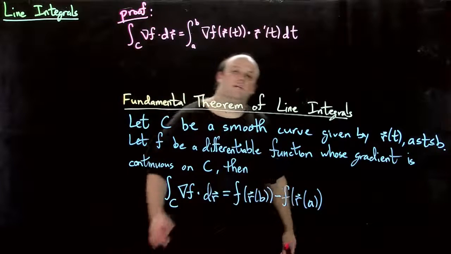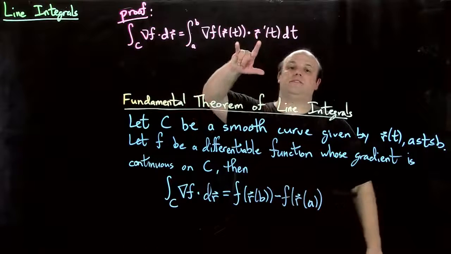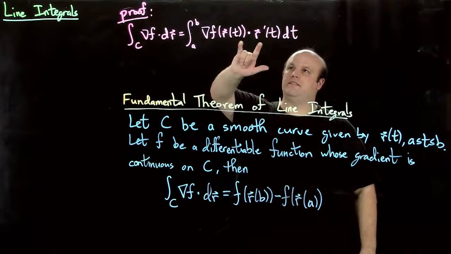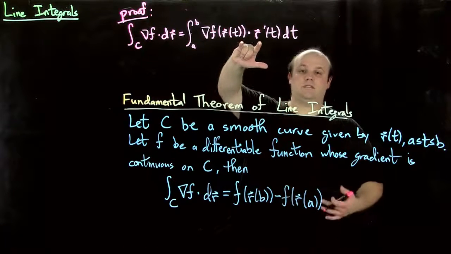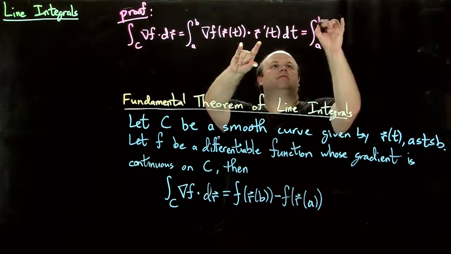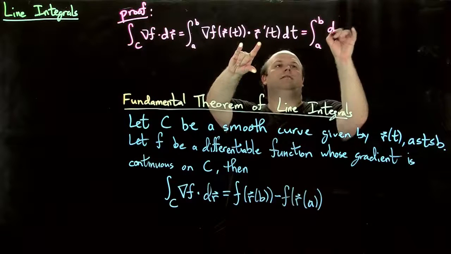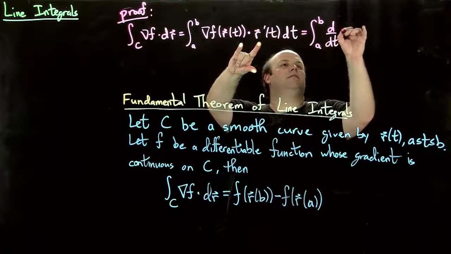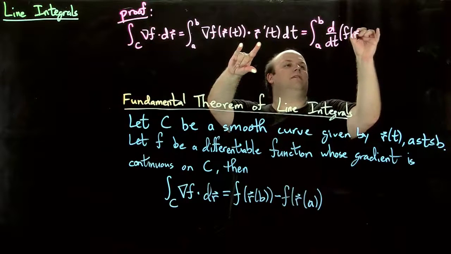Right? But now you may remember this is just the chain rule. This is the result of doing a chain rule derivative. So this is just the integral from a to b of d dt of f of r of t.